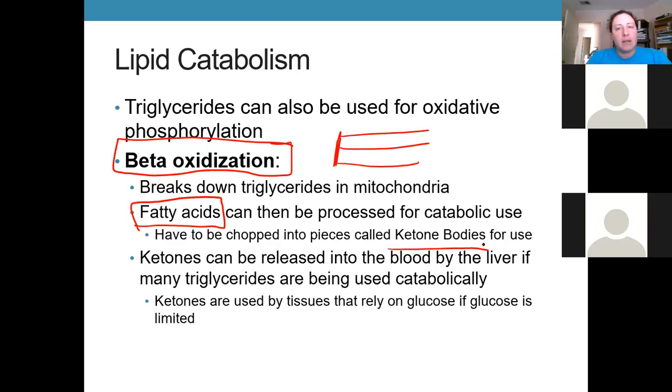And the ketone bodies can either run through the same oxidative phosphorylation steps that glucose runs through, or if the liver is trying to supply glucose to the body and it doesn't have enough stuff to make glucose with, it can send the ketones out instead as an alternative to glucose for cells that need glucose.